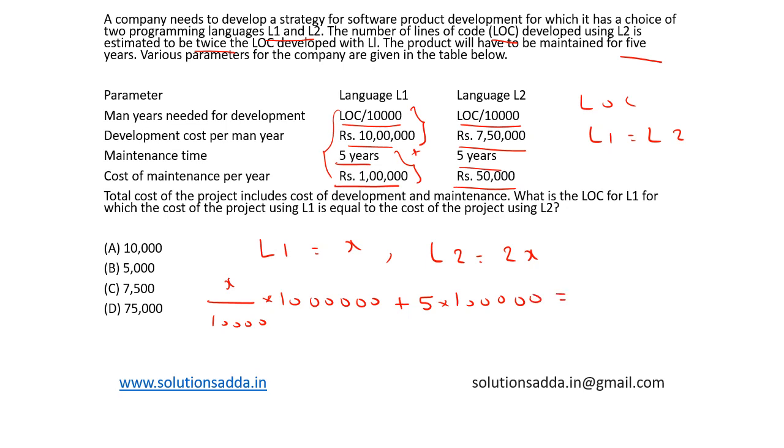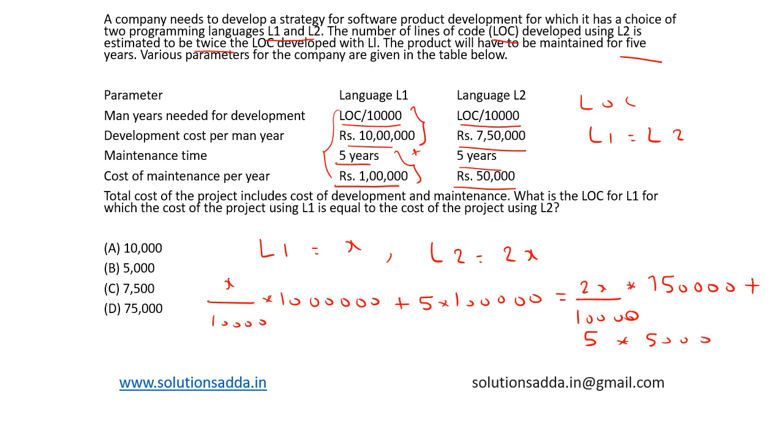This will be equal to 2x divided by 10,000 into 75,000 plus 5 into 50,000.